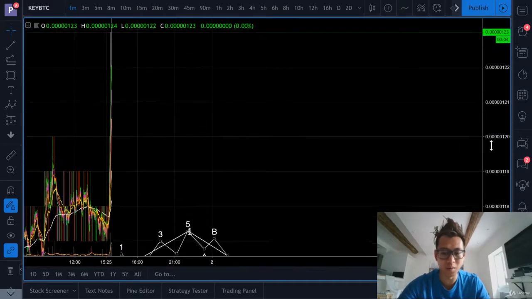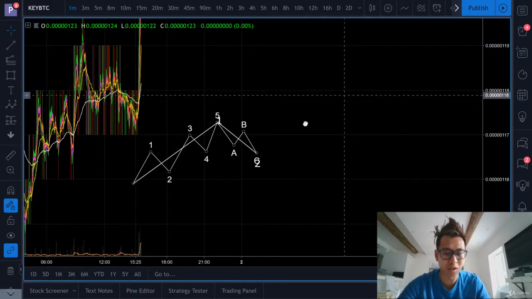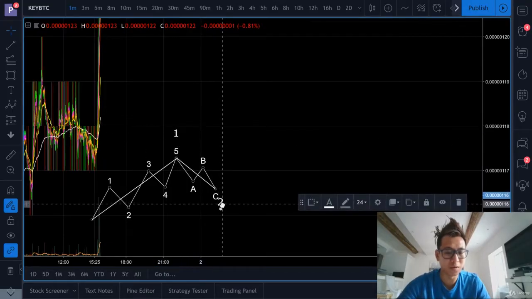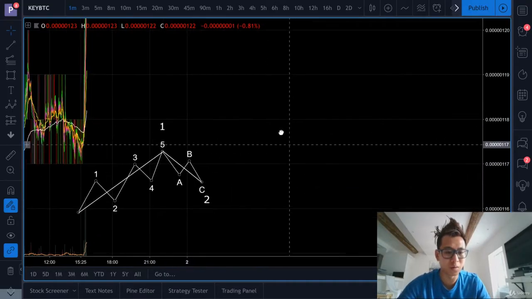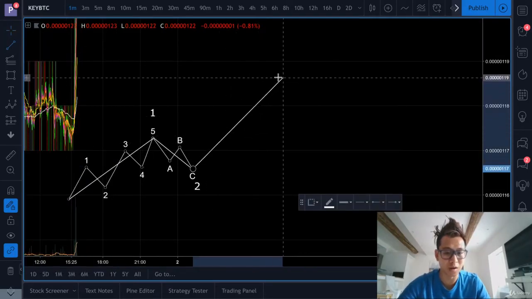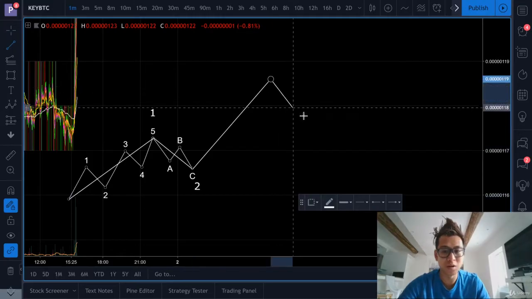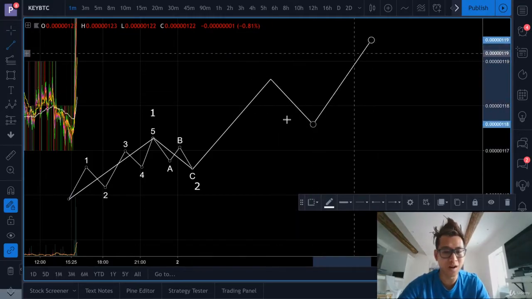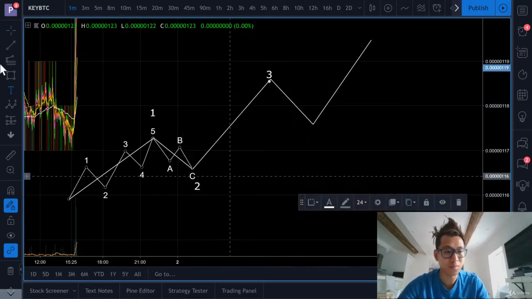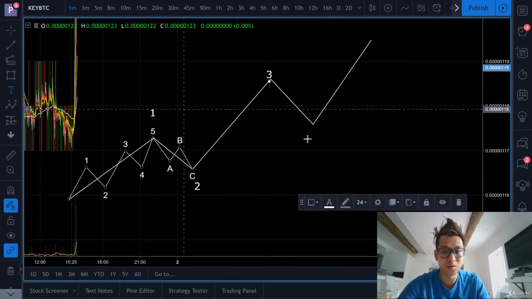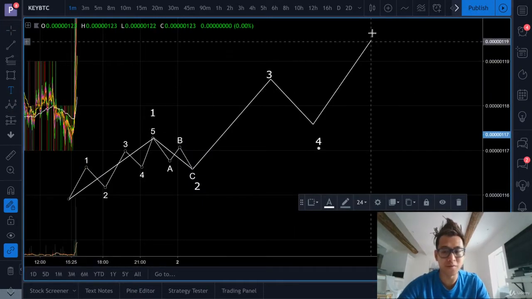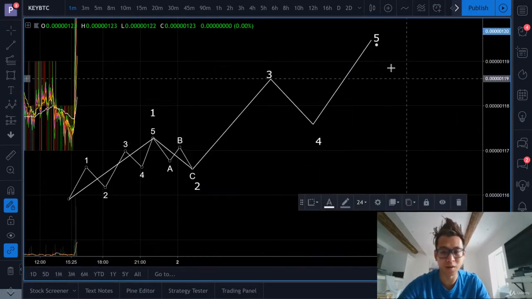Let's zoom out a little bit more and let's ask some more questions. Well, if this was 1 right here, we're going to go to a higher time frame soon, okay? Well, this could be 3, right? Just as an example. This could be 4. That could be 5, right? So now we're talking about 3, we're talking about 4, and we're talking about 5 right there.